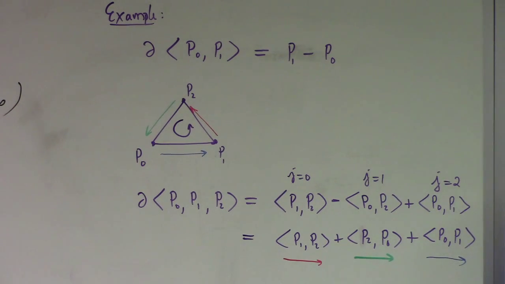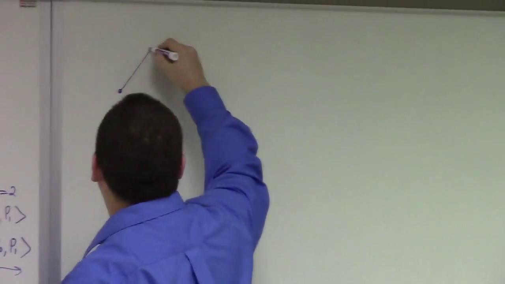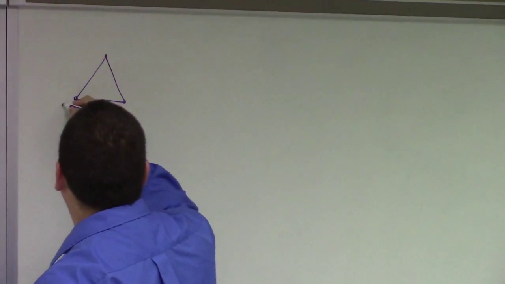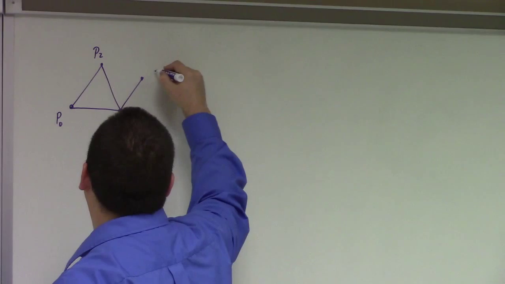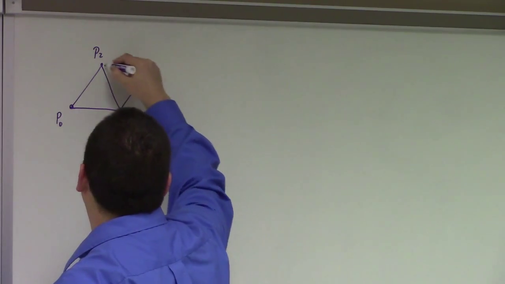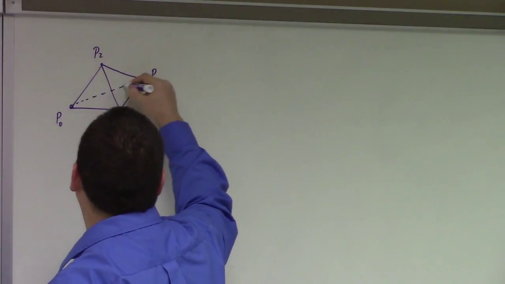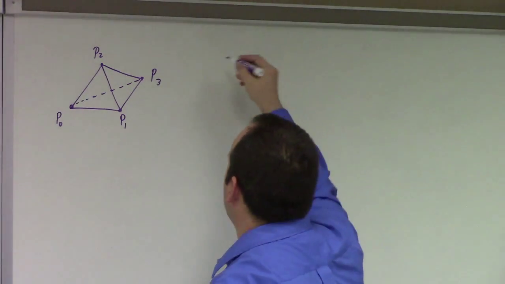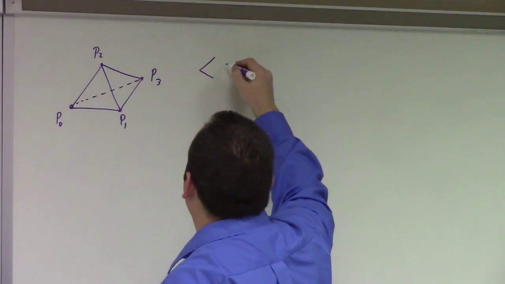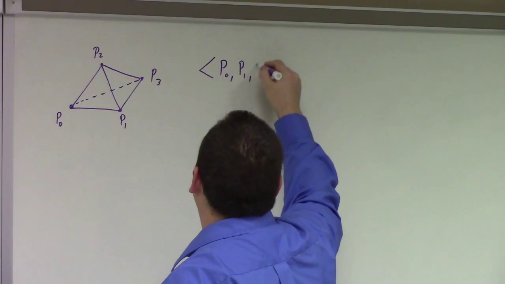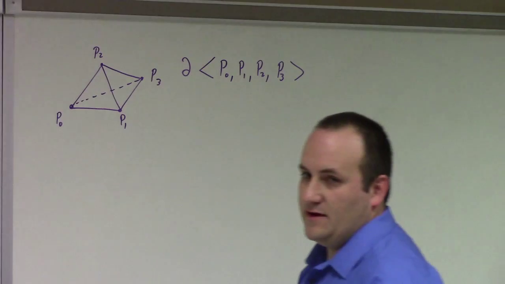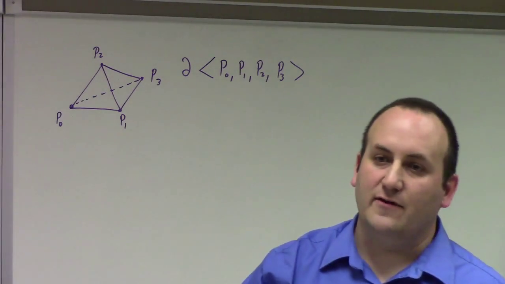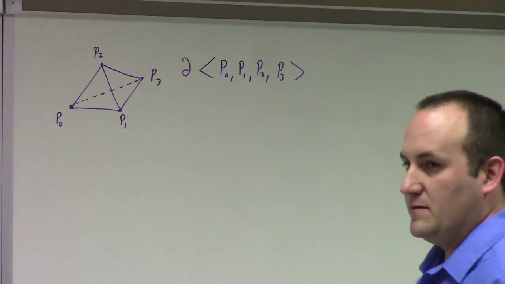If we were to be so foolish as to try to do this for a tetrahedron, let's say P0, P1, P2, add a fourth point, P3. If you were to look at the boundary of P0P1P2P3, I'm just putting them in that order. You don't have to put them in order like that, by the way, guys. I'm just doing that for the sake of not going nuts with the formula here.